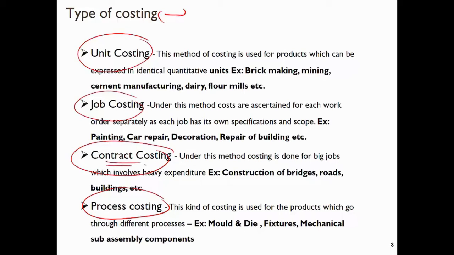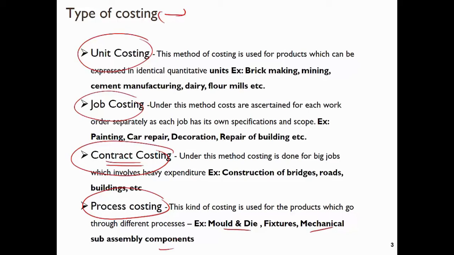The contract cost is, for example, like a big job, like a big contract. Maybe you can say repairing of a machine, it involves that. In the same way, the process costing. Generally, for example, mold and die or mechanical assembly costing involves different processes.